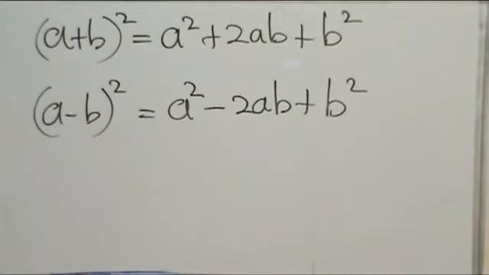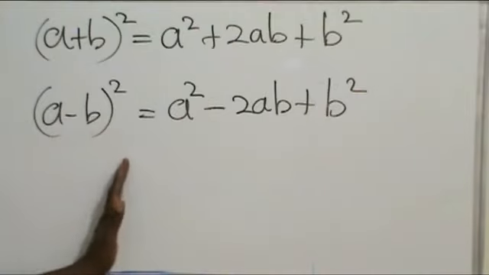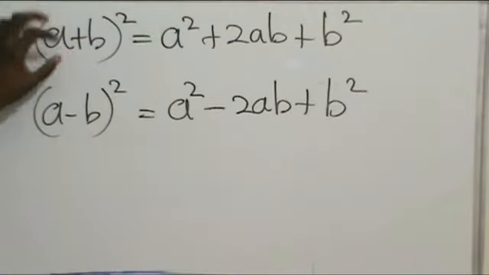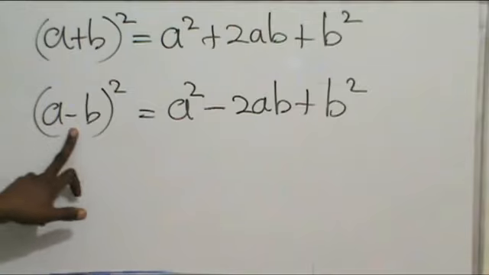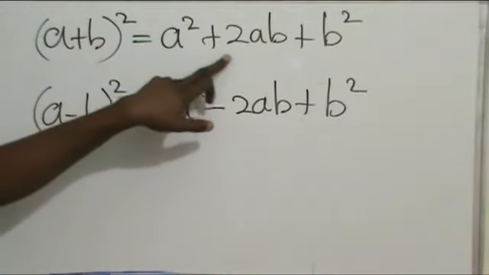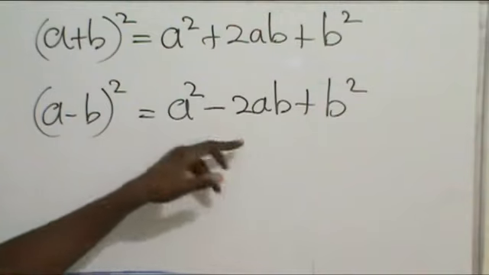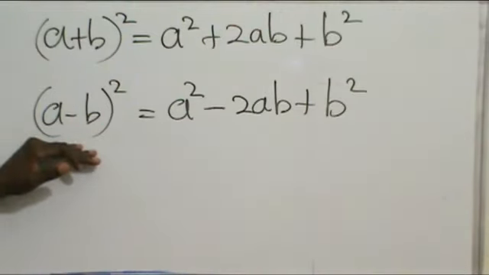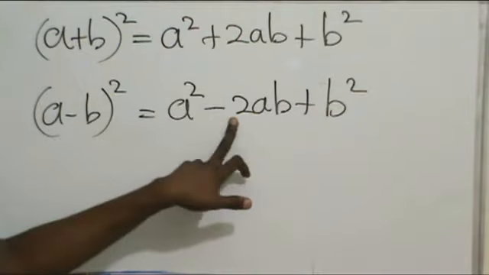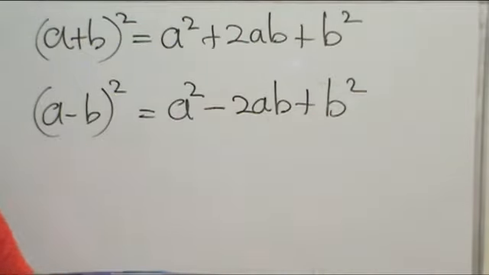Note well, the only difference between these two, starting with the fact that they have A plus B versus A minus B, is that instead of plus 2AB here, you have minus 2AB here. So in this one, the only time we have a minus sign is minus 2AB. We don't have minus B squared.